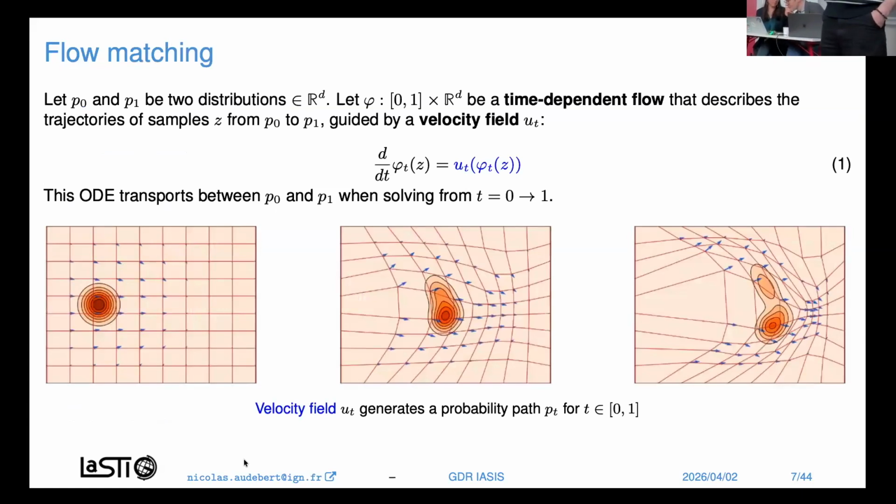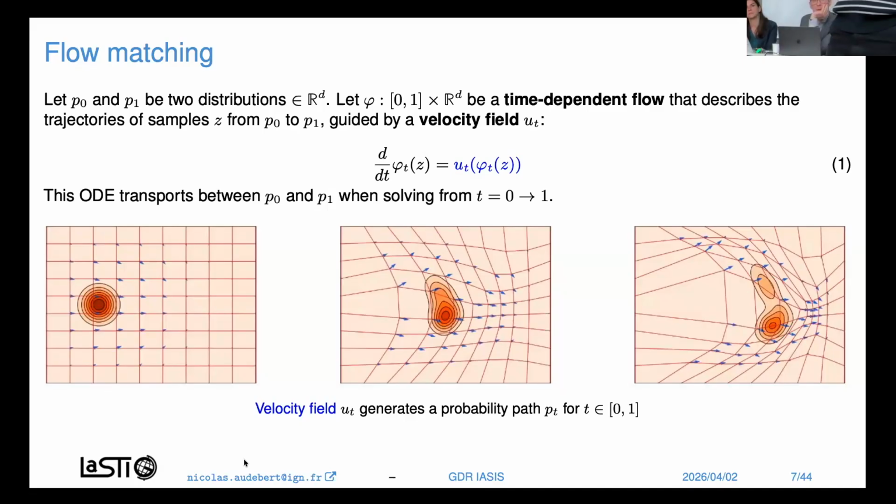So the core idea of flow matching is that you want to match two distributions by learning the velocity field between them. And I say the velocity field, but it's actually a velocity field because they could be different, but we're going to make assumptions.